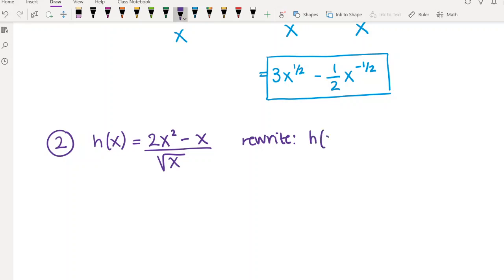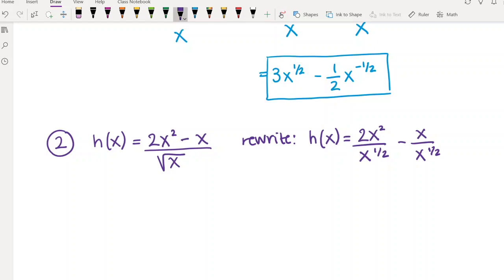So if we rewrite this function, we would have 2x squared over x to the 1/2 minus x over x to the 1/2. So just splitting it up into two fractions and rewriting the square root as x to the 1/2.